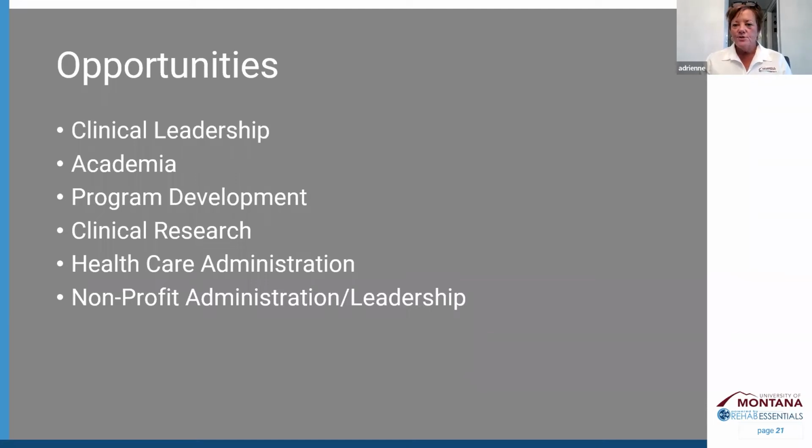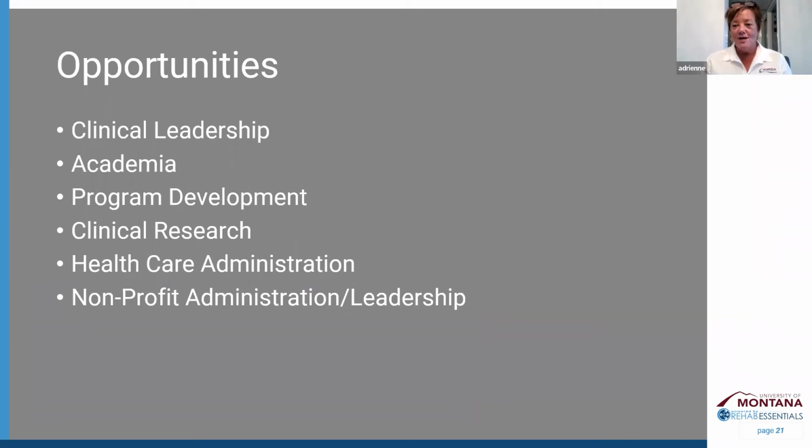Definitely have opportunities to advance your skills and perform clinical research, and also opportunities for healthcare administration, and/or leadership and nonprofit administration. You'll have opportunities to explore all of these areas of interest, all of these areas occupational therapists find themselves in.